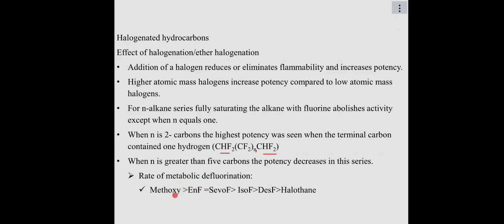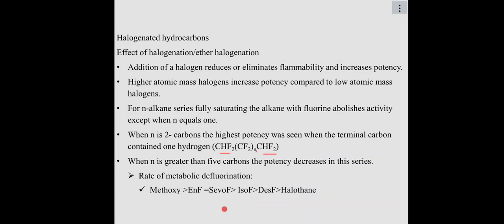Rate of metabolism through defluorination: you start with methoxyflurane, you go to enflurane, sevoflurane, isoflurane, desflurane, and then halothane. So that is the rate of metabolic defluorination, removal of the fluorine. And when you remove fluorine and you have free fluoride, the free fluoride ions are said to also cause toxicity.